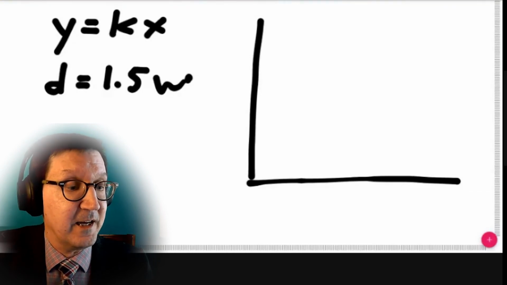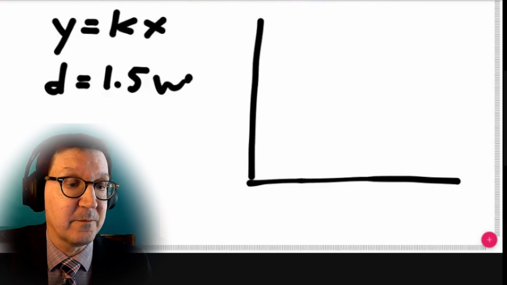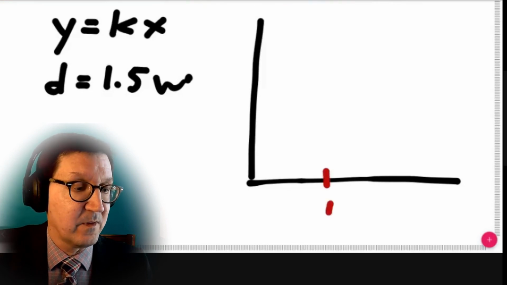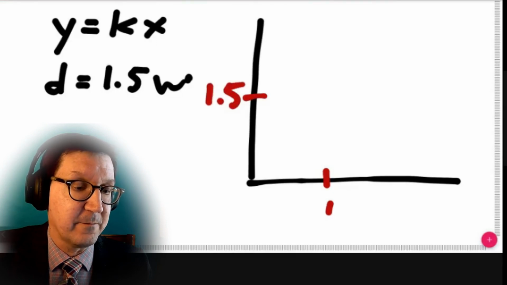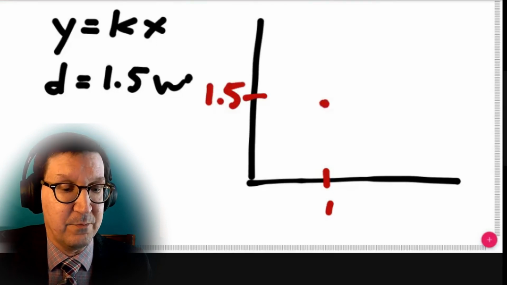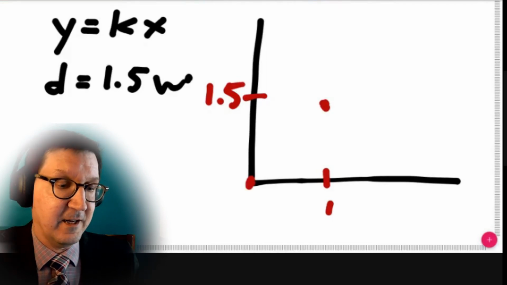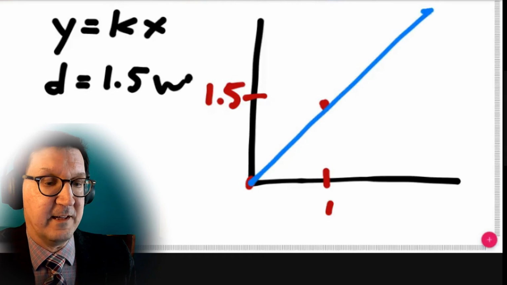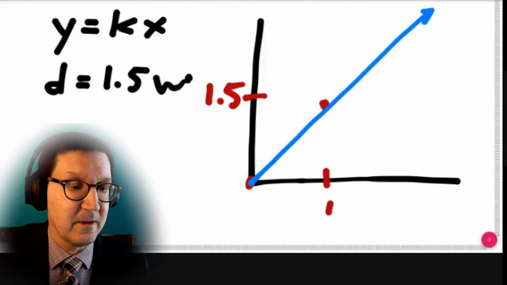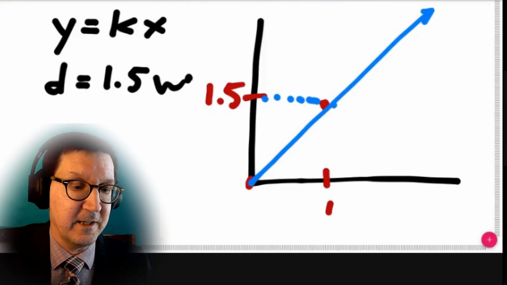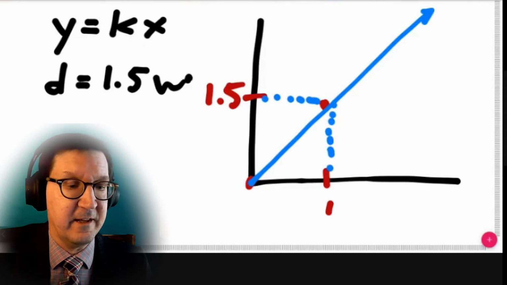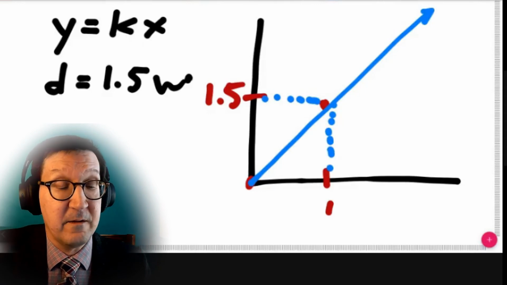And we could say, okay, if x is 1, then y is 1.5. And your point would be there, and it would go through the origin, and of course the graph would be a straight line like this. And we know that we'd have 1/2 here, and we'd have 1 there. So our unit rate would be 1/2.